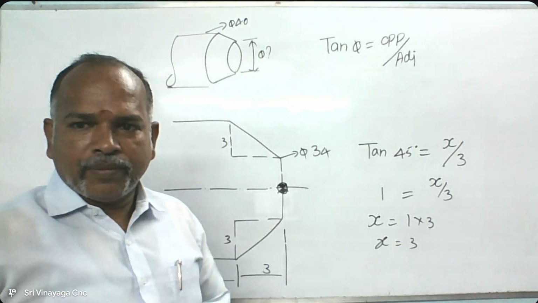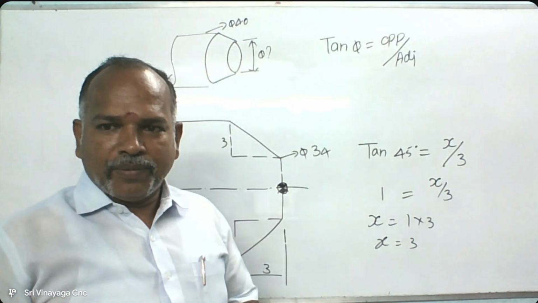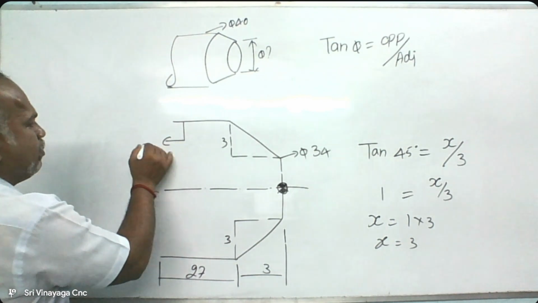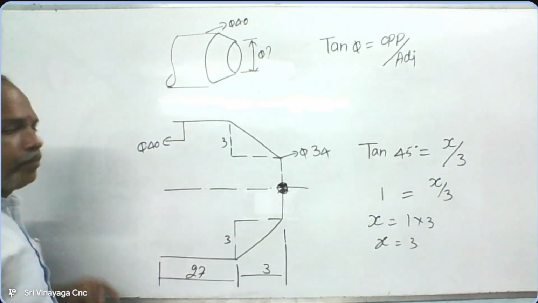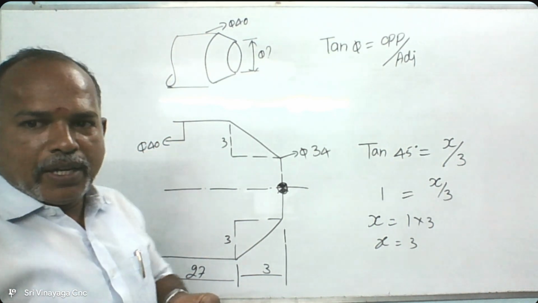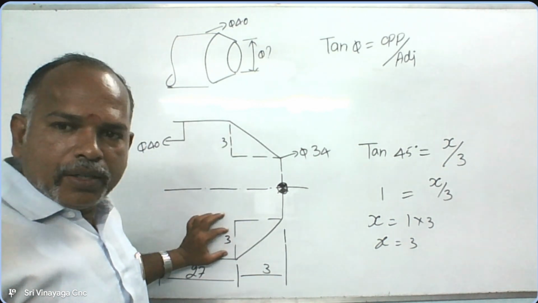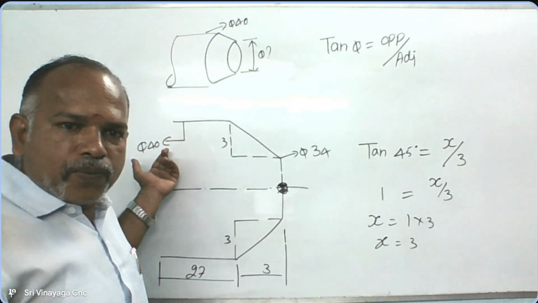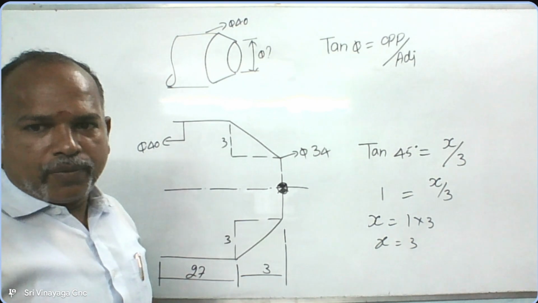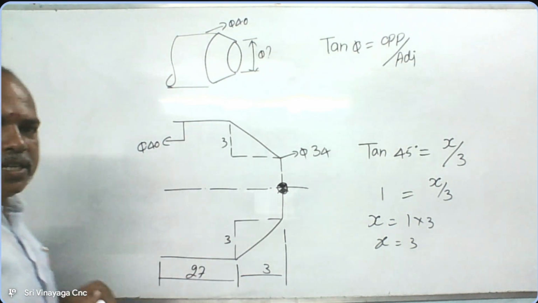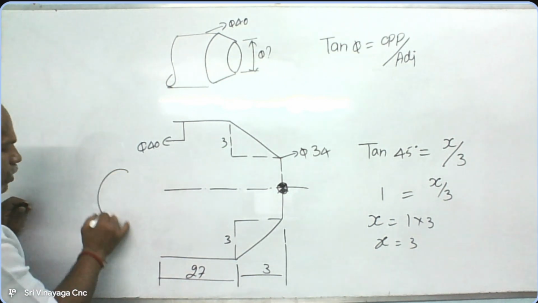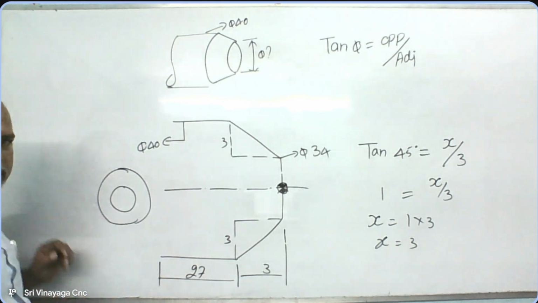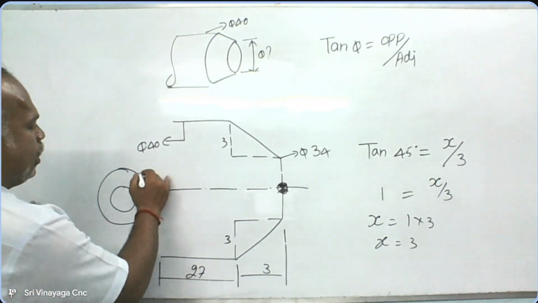What did I say before? I said 30, this is 40. Ok, 3 down is 6, 6 minus 34.